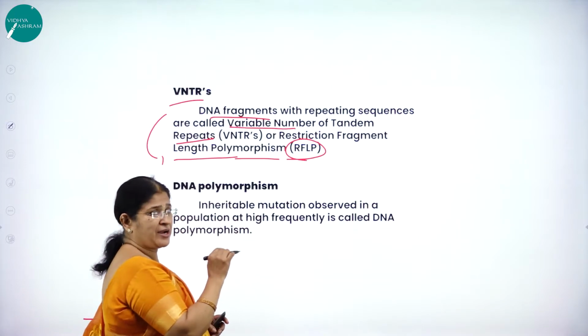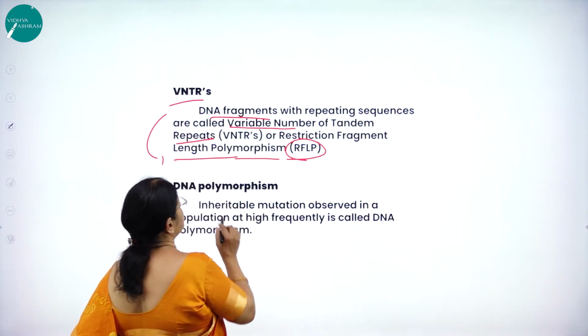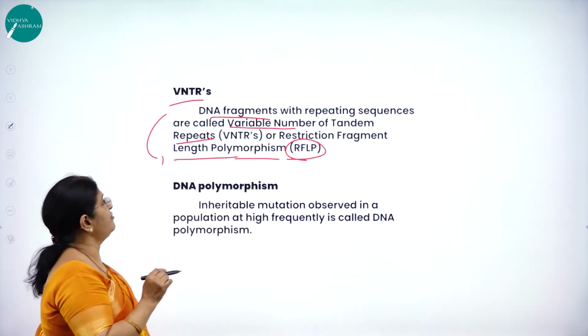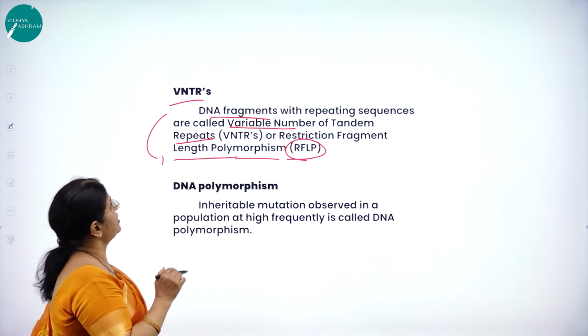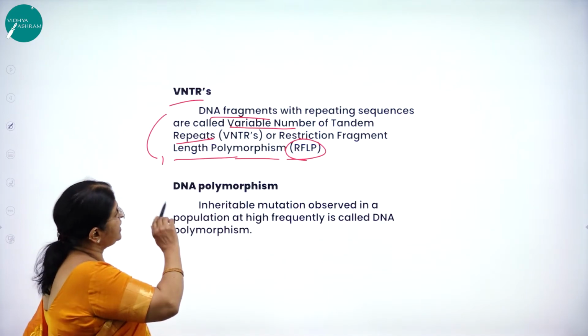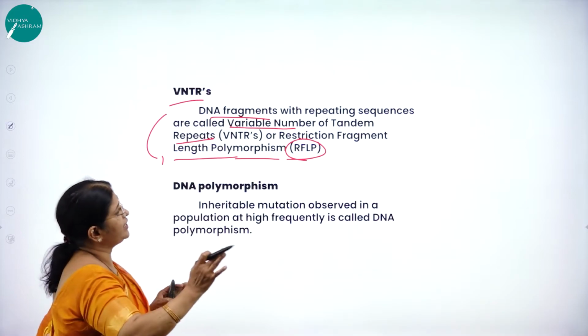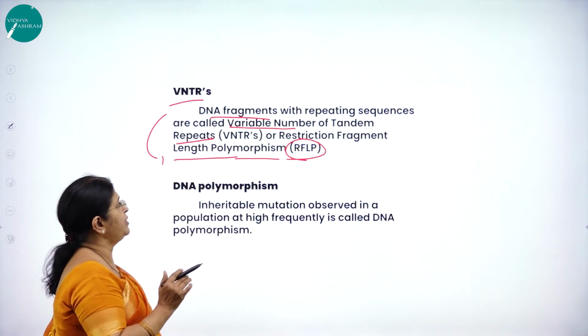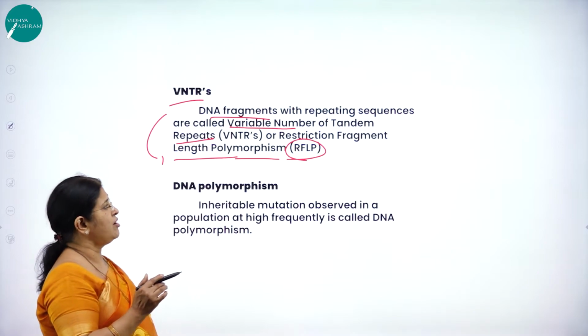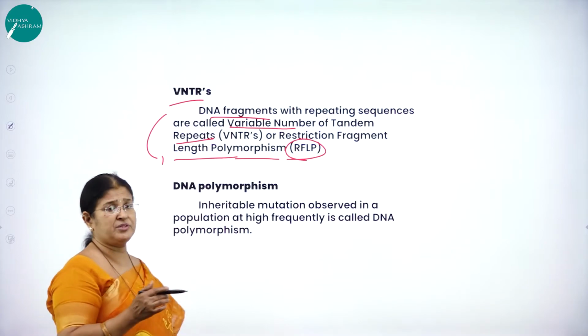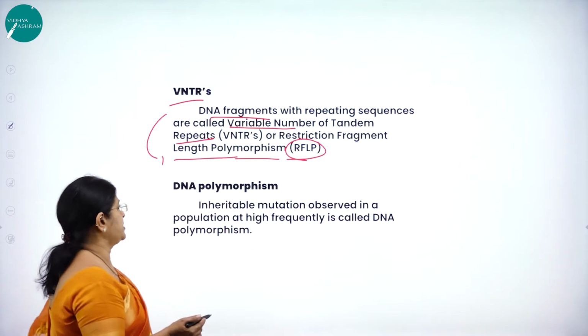DNA fragments with repeating sequences are called variable number of tandem repeats or restriction fragment length polymorphism, which varies from person to person.